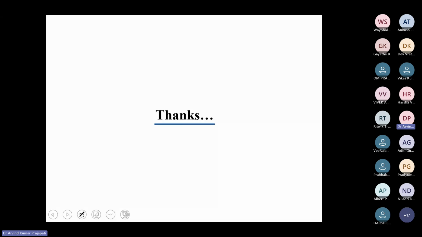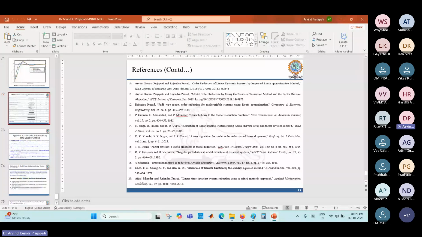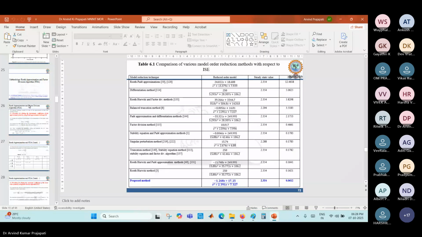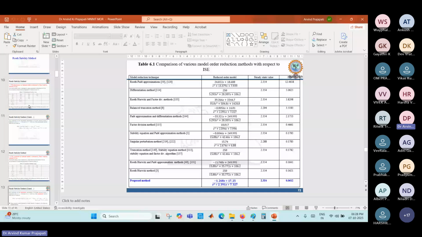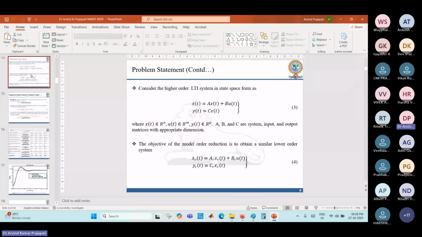And there is a question about error distribution. Here I have calculated the errors: integral square error, relative integral square error, absolute error, and absolute time error. These errors I have calculated on the basis of the step response of the original system, determined with the help of the reduced order model, and then compared.